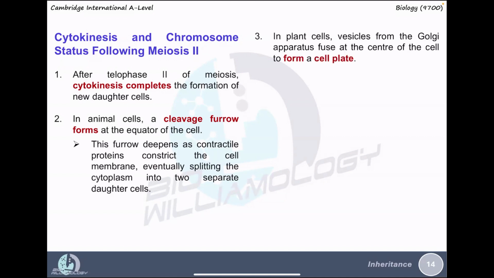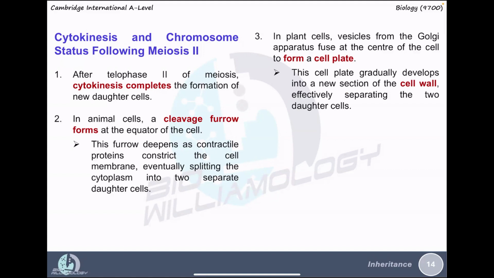However, in plant cells, vesicles from the Golgi apparatus fuse at the center of the cell to form the cell plate, and each vesicle contains cellulose molecules, so that these cellulose molecules can form the cellulose cell wall. This cell plate gradually develops into a new section of the cell wall, effectively separating the two daughter cells.